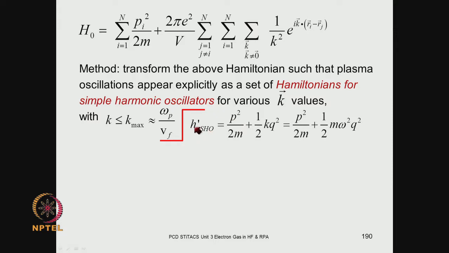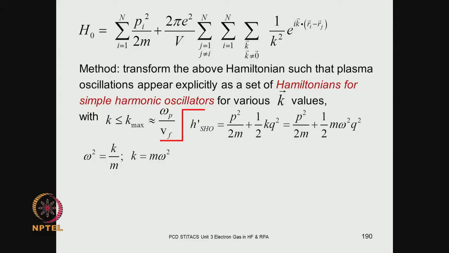Now, this certainly does not look anything like this, but we are expecting to be able to carry out certain transformations and then find these terms for the simple harmonic oscillator in the transformed Hamiltonian. That will pop out as we carry out these transformations.